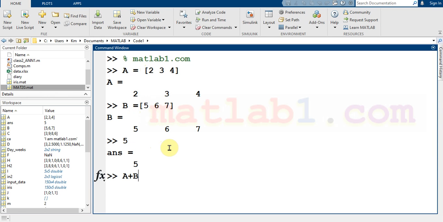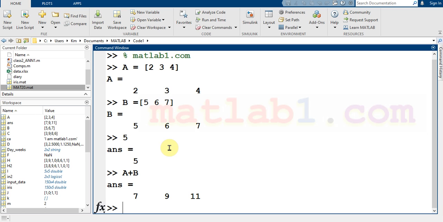So the result of A plus B is 2 plus 5 is 7, 3 plus 6 is 9, and 4 plus 7 is 11.